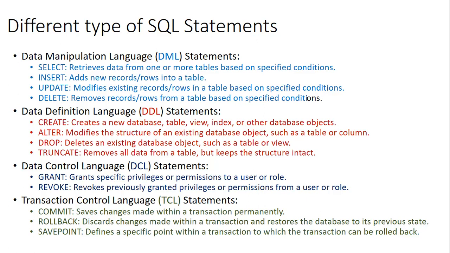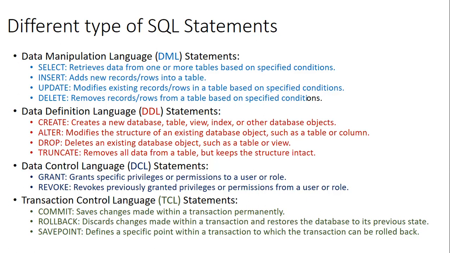So these are different kinds of objects that could be created within a database, and for that we use create. If you want to modify an existing object, we use alter, right? That is where alter would be helpful, and it is also one of the DDL statements. If there is an already existing object like a table or view, and we want to remove or delete it, then we use drop.